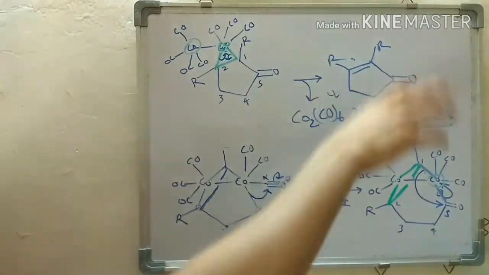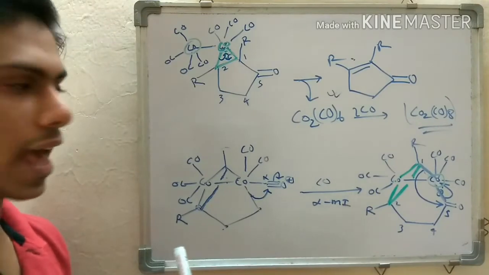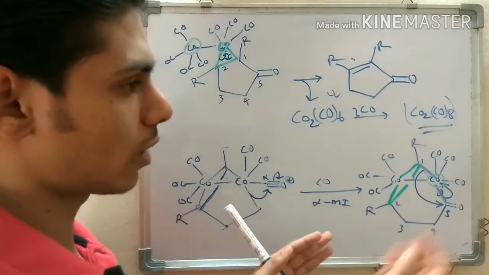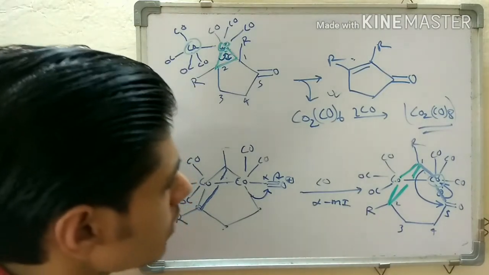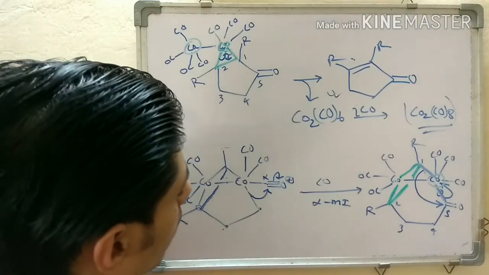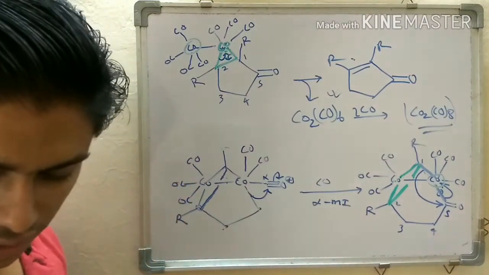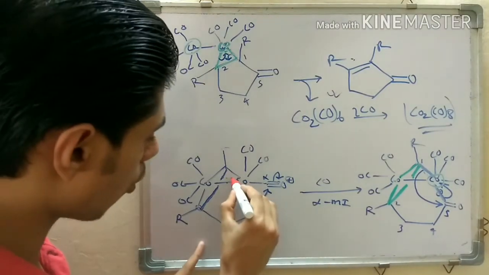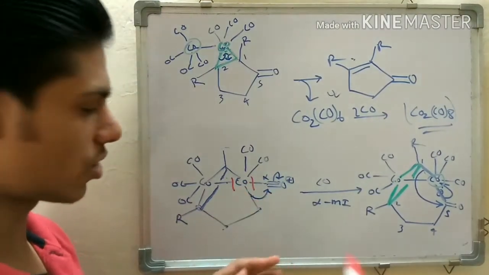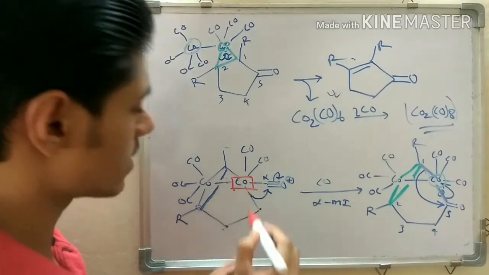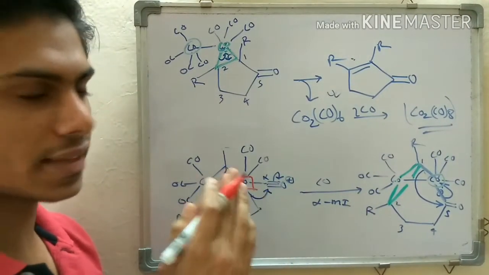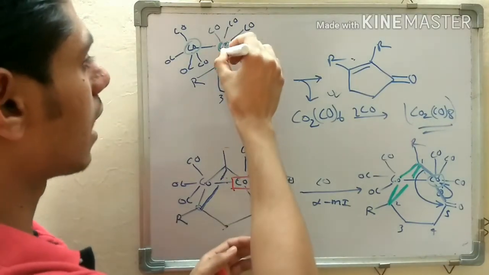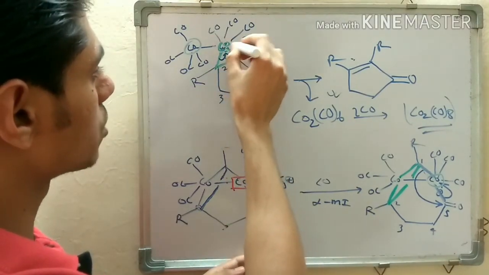So this reaction looks very complicated, and you have to practice a few times to get it fully. But one clue for this reaction is that throughout the reaction, after the alkyne insertion, only one cobalt center is undergoing reaction, and the other cobalt center remains the same until the last step where this reductive elimination occurs.